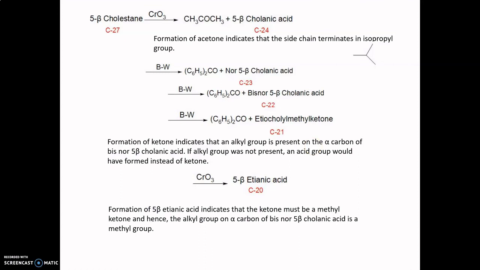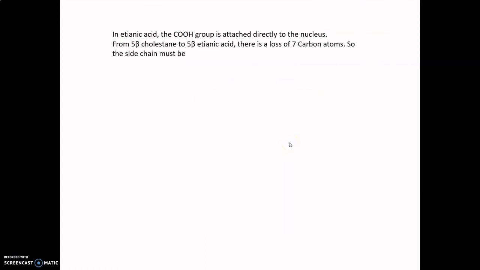In etianic acid, the carboxyl group is attached directly to the nucleus. That has been proved. So from cholesterol to 5-beta etianic acid, there is a loss of 7 carbon atoms.